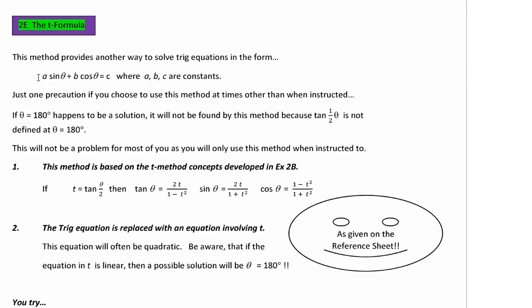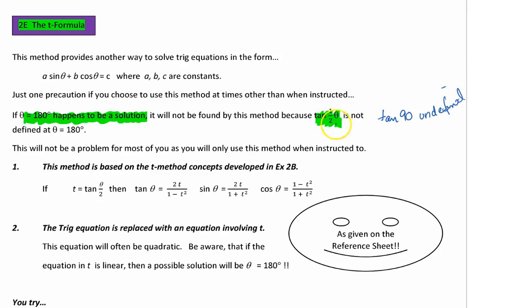If you choose to use the method, even though it's not suggested, you need to be careful, and I've covered that here. If theta is 180 happens to be a solution, it will not be found using this method, because if theta is 180, we know that tan of 180 on 2 is tan of 90, and we know that tan of 90 is undefined.